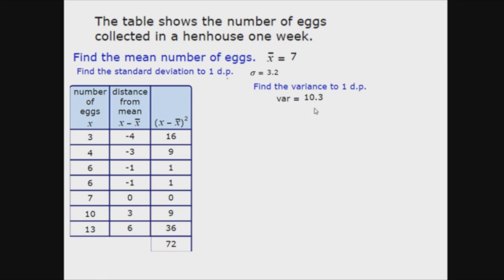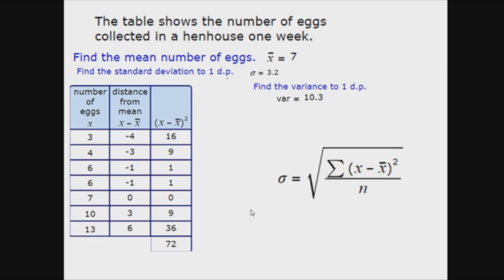And 10.3 is square rooted to give 3.2. So whenever you calculate the standard deviation, you must square root 10.3 to give 3.2. So I've calculated the standard deviation by using this formula.